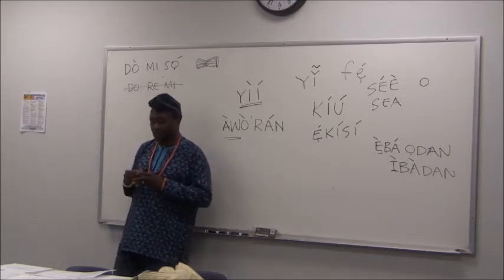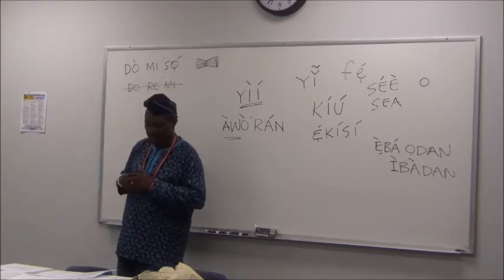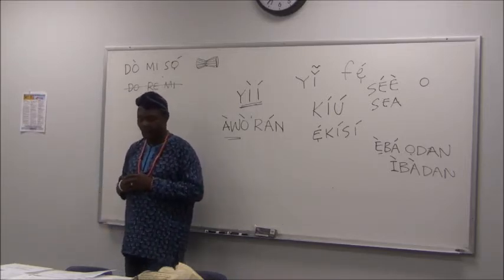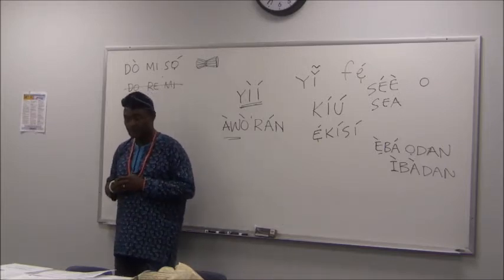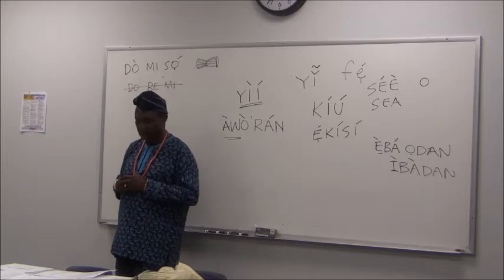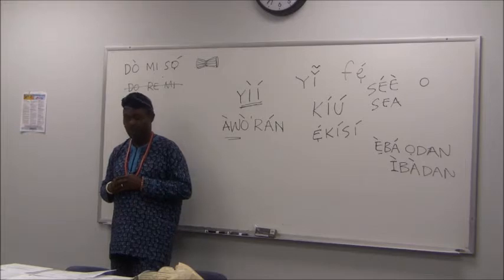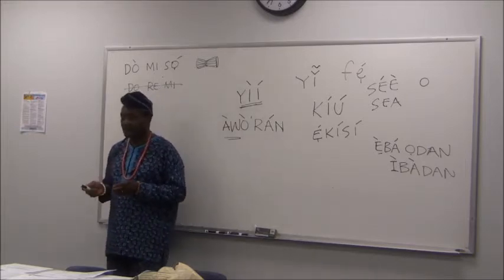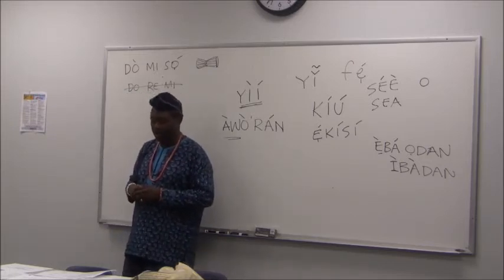And then the response should be mo mbo. Let's say it together. Mo mbo. Mo mbo. Mo mbo. When you say monbo, you have changed the accent. Mo mbo.